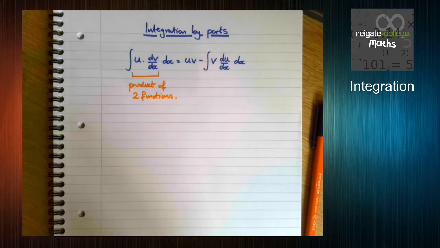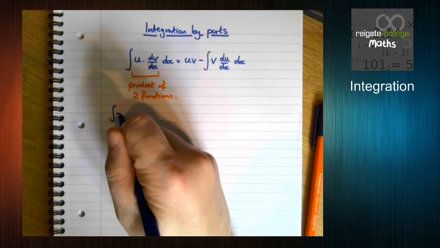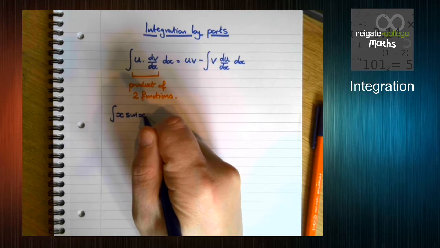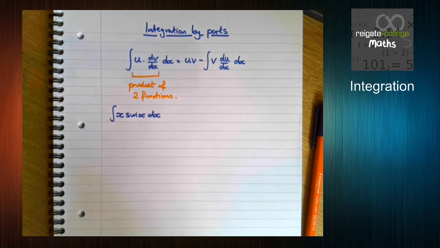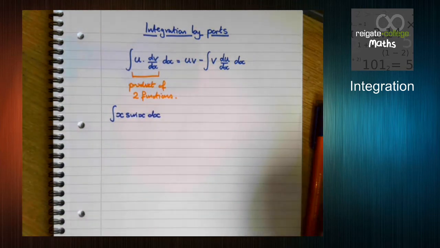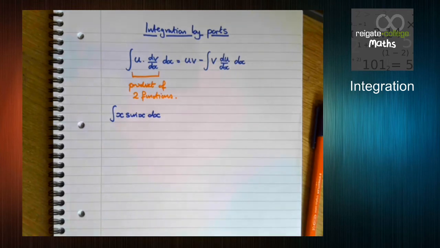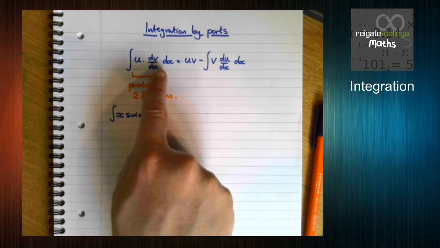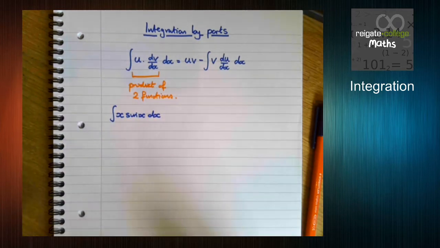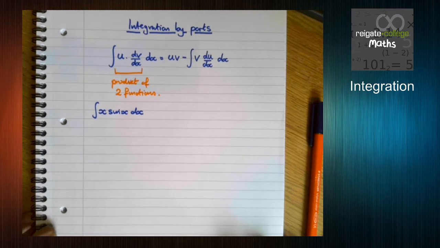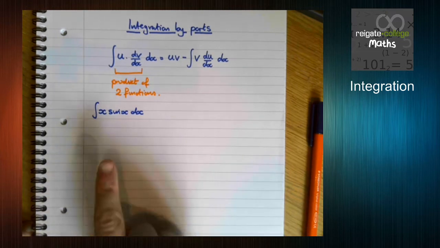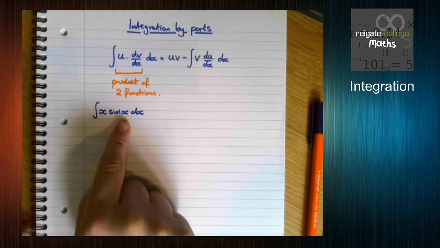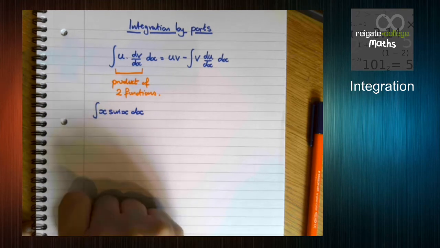So, let's have a look at an example. We're going to look at this first example. We are integrating x sine x. So the first thing you need to decide is which of our two functions is u and which one is dv by dx. And there's a very simple rule. If there is a ln anywhere in this integrand, that's u.